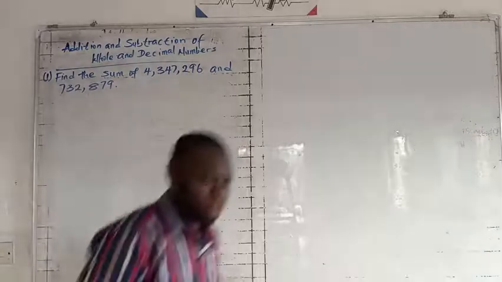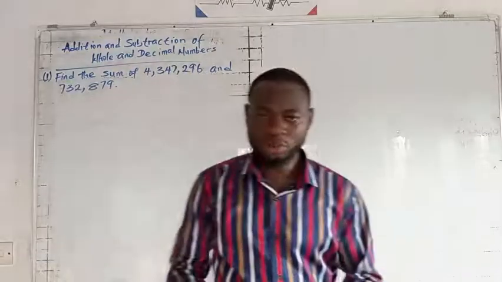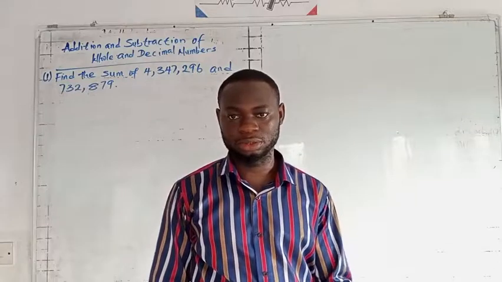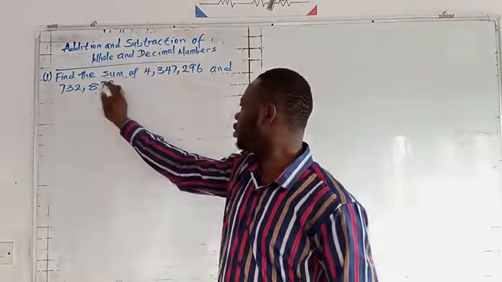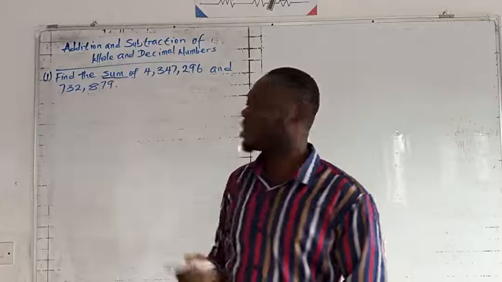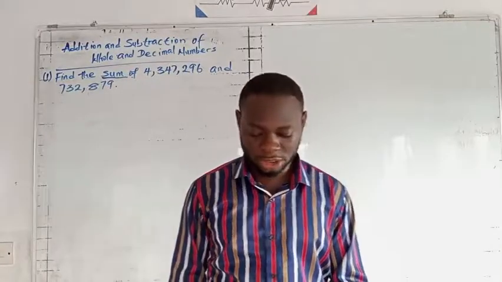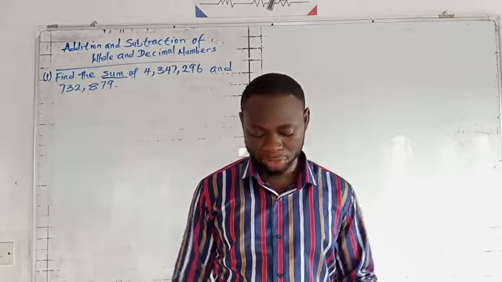Now, remember, when we talked about addition, there are some terms that depict addition. A term like sum. So wherever we see the word sum, S-U-M, it means addition. So we have to add.